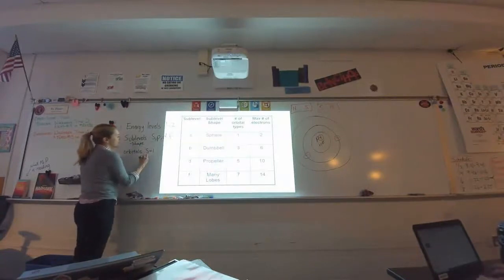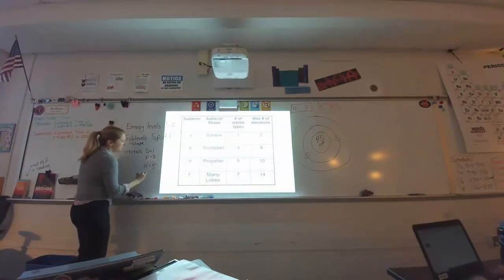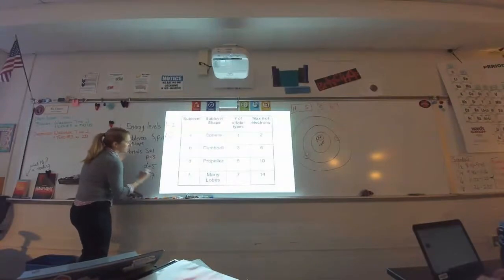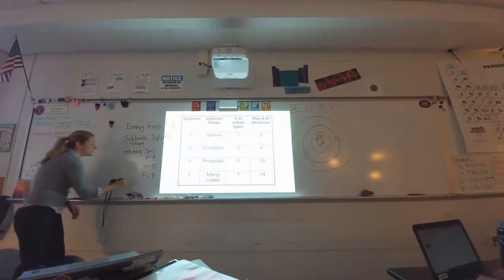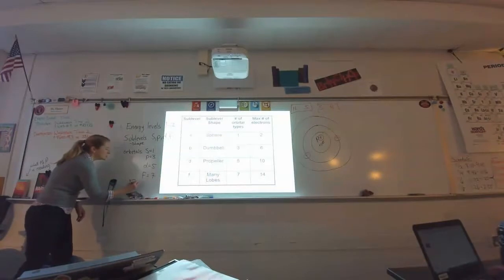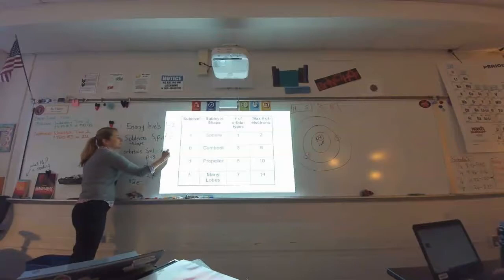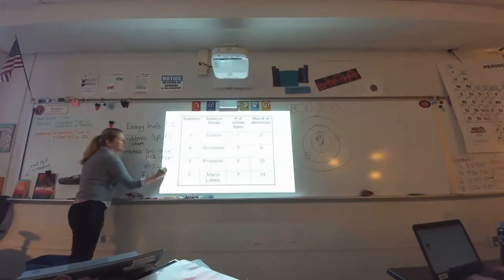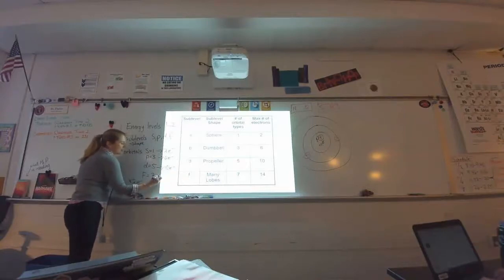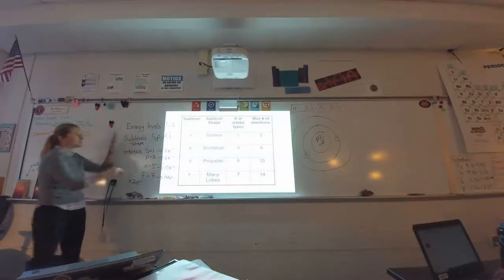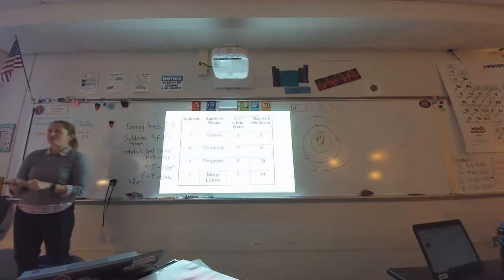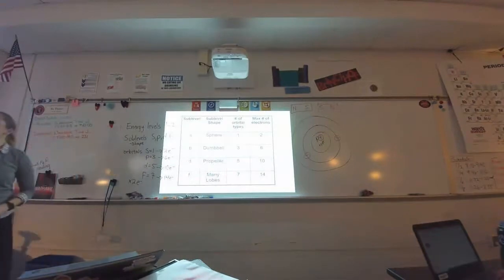S has 1, P has 3, D has 5, and F has 7. And we know each orbital has 2 electrons in it. So that means that S has 2 electrons, P has 6, D has 10, and F has 14. I'm writing this so that we have this cheat sheet even after I change the screen.